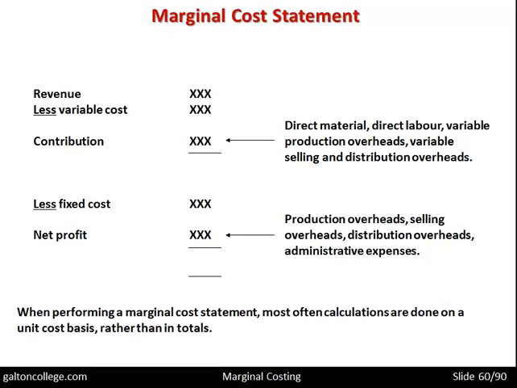When performing a marginal cost statement, most often calculations are done on a unit cost basis rather than in totals. So that's one way of presenting the information we've got on the screen at the moment. There are other ways, and there are other videos that you could look at that will give a different perspective of this.